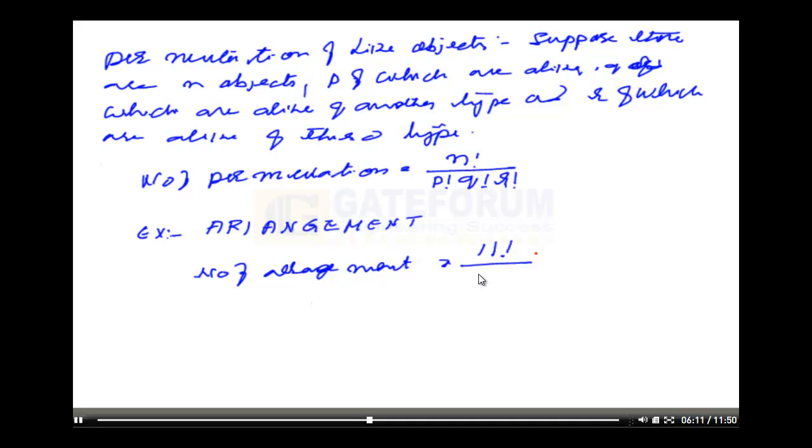But out of which A and R, the twin letters, are alike of one type, 2 factorial, R also 2 factorial, N is 2 factorial, E is 2 factorial. So therefore the number of arrangements would be equivalent to 11 factorial by 2 factorial, 2 factorial, 2 factorial. So going to the next definition, we have seen permutation of like objects.